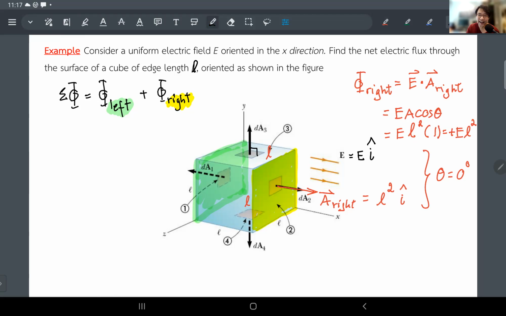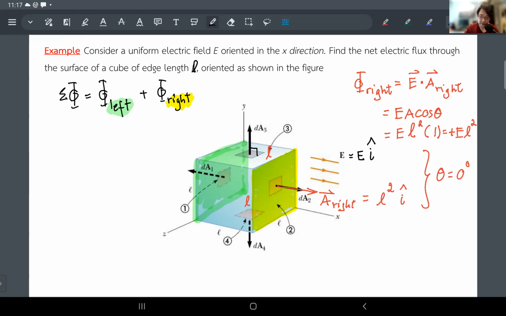Sorry. All right, but anyway, can you see? Whenever the electric field is pointing in the same direction as the area vector, you have a positive flux. And what does a positive flux mean to you? It means that the electric field is escaping from that surface or from the enclosed volume. It's an outflux. Better?